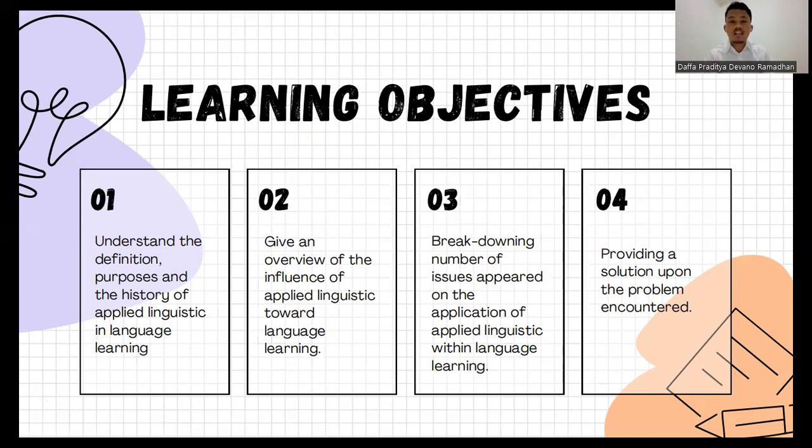Secondly, to give an overview of the influence of applied linguistics toward language learning. Thirdly, to break down the number of issues that appear in the applications of applied linguistics within language learning. And last but not least, to provide solutions to the problems encountered.